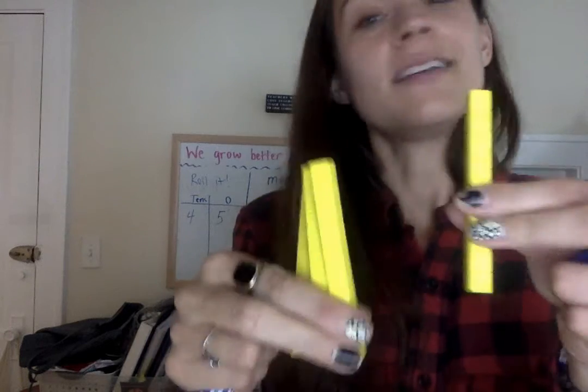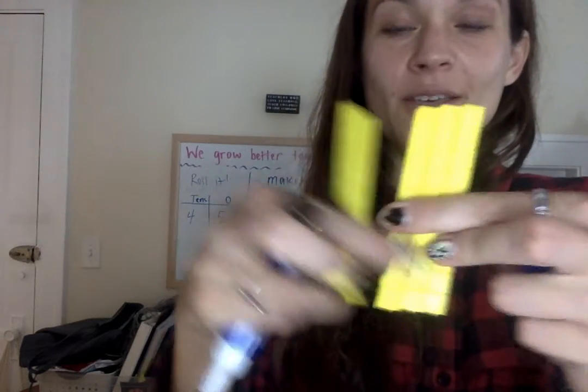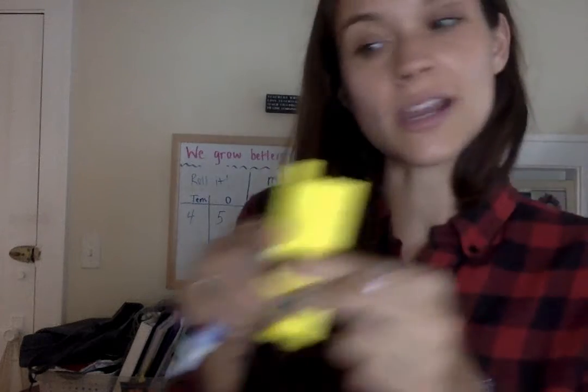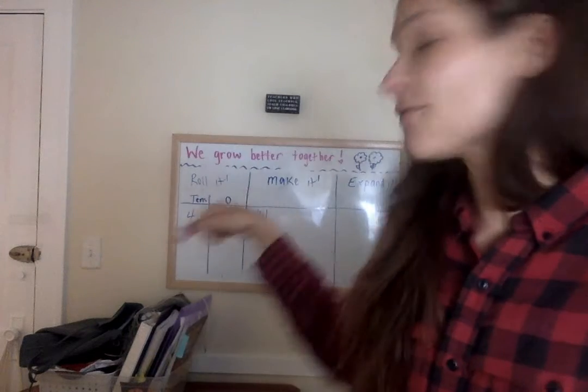Now, is this 4? Not really, is it? It's actually 40 because this is 10, 10, 20, 30, and 40. So this is 40. And how many 1s do I need? 5 1s. So I'm going to look for my 1s.